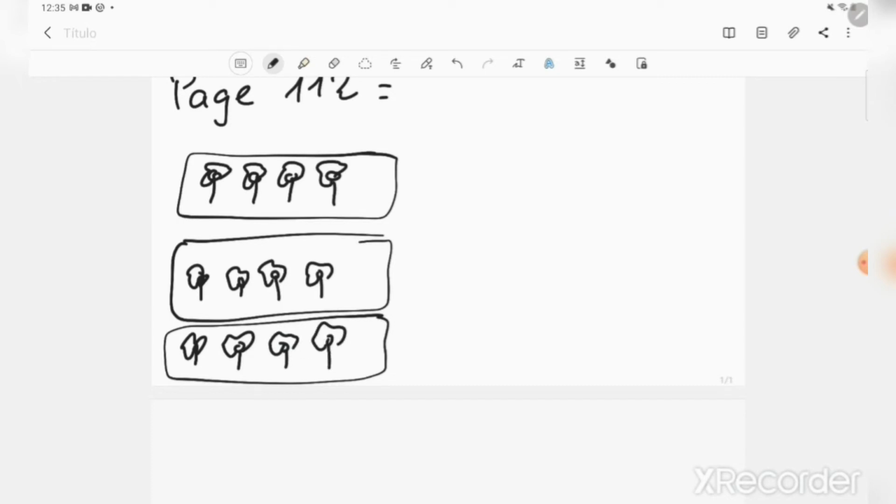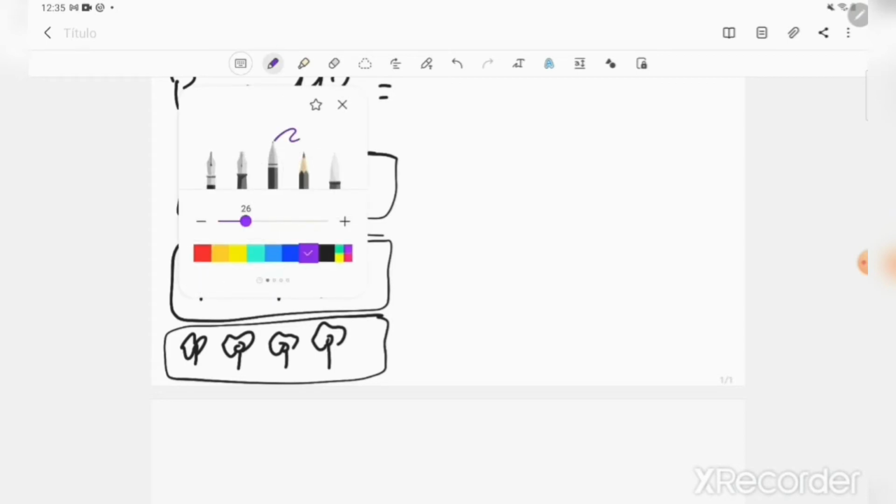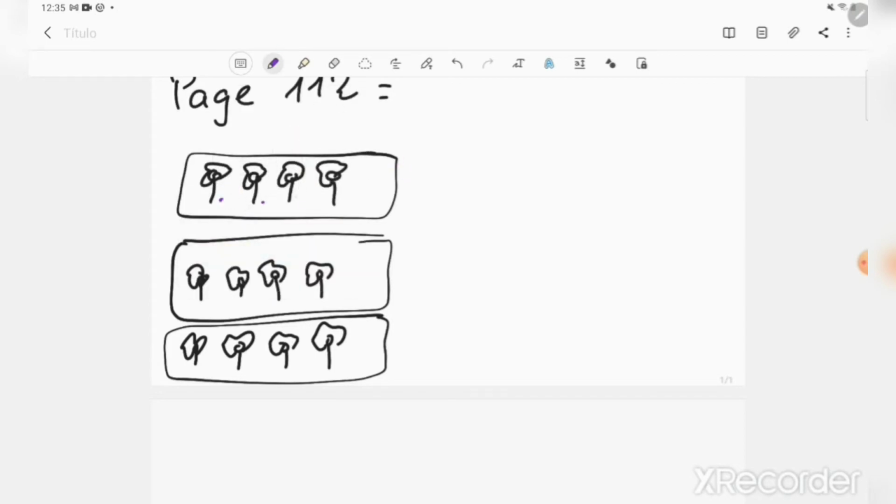Okay, so we can count one by one like this, and we'll get 12. But we can do it also as an addition. Okay, we say 4 plus 4 plus 4 equals 12. But today we are talking about multiplication.